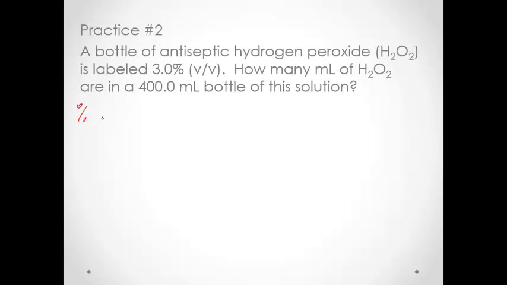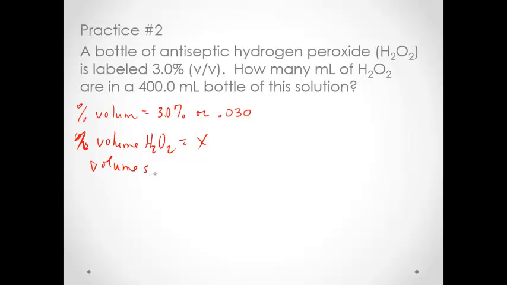Our percent volume is 3%. When solving, we may want to leave the percent out of the formula so we don't have to worry about multiplying by 100. We convert it to 0.03, just moving the decimal to get rid of the percent. The volume of hydrogen peroxide is what we don't know, and the volume of your solution is 400 milliliters. You have a 400.0 milliliter bottle.